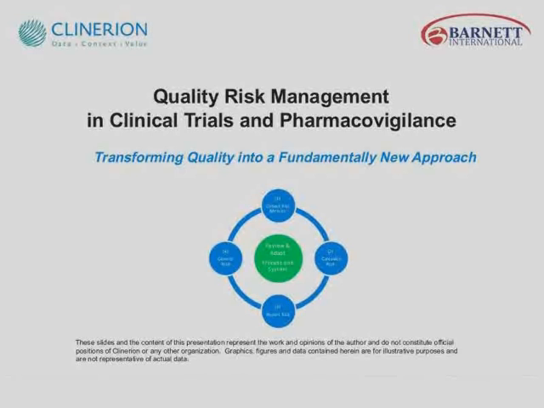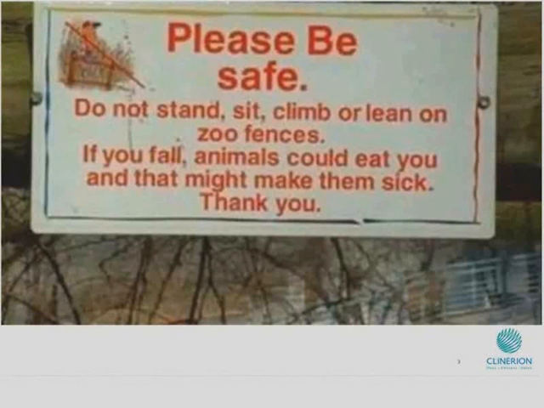Let's start off with a few pictures just to bring us into the full swing of things. So here are some real billboards or signs that are out and about that you may have been confronted with in some form or another. If you take a look at this one, it gives a good example of one aspect of risk, which is essentially, on the one hand, very much a question of perspective.